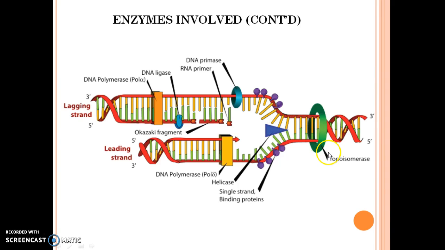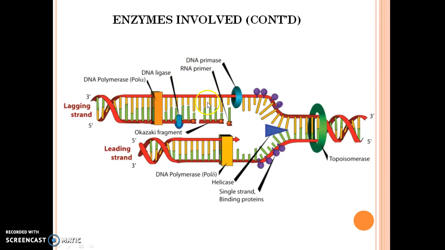Now, whenever there is a supercoiling, the action of the topoisomerase comes into play. It relieves the DNA from supercoiling. When the strands have been separated, you see here that single-stranded binding proteins come into play, and they prevent the separated strands from reannealing or reassociating.